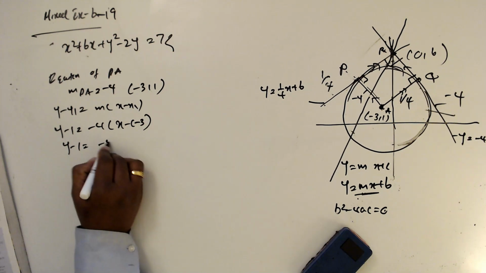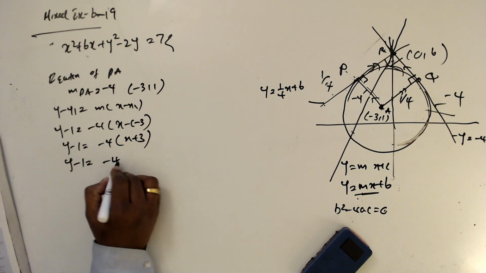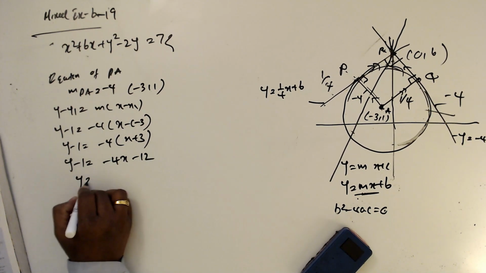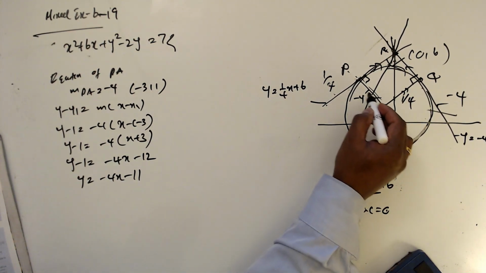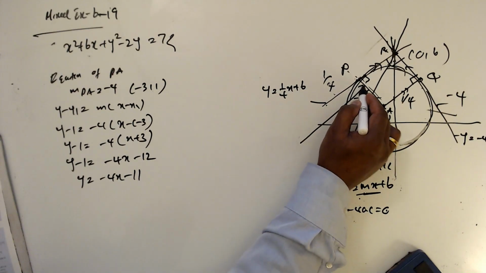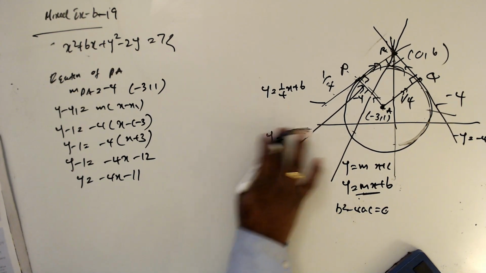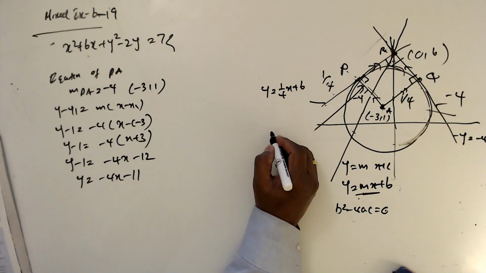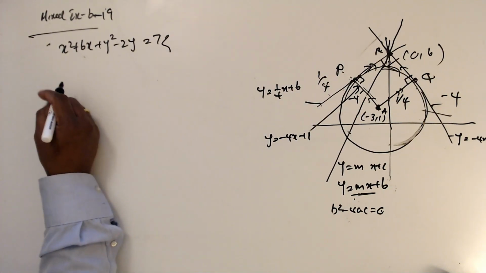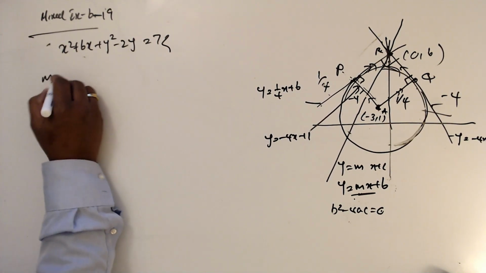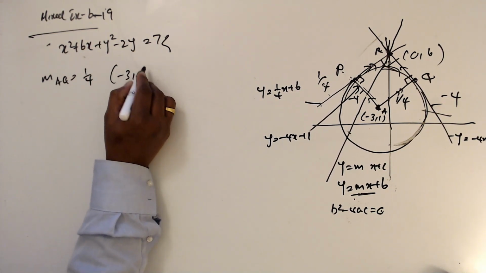So y minus 1 equals minus 4 times x plus 3, which is y minus 1 equals minus 4x minus 12. It means y equals minus 4x minus 11. So the equation of PA is y equals minus 4x minus 11. Now we have to find the equation of AQ. So the gradient of AQ is 1 over 4 and the center is minus 3, 1.